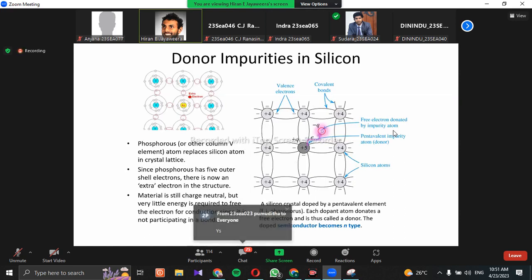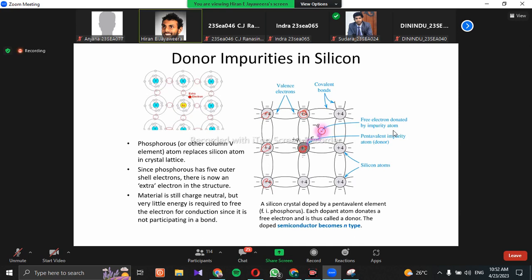Now, this is the free electron. Here again, we are representing only the outermost shell, and +4, that is the valence in semiconductors like silicon. And then we have +5. So we have 5 protons in the nucleus and 5 electrons in the valence band, right?